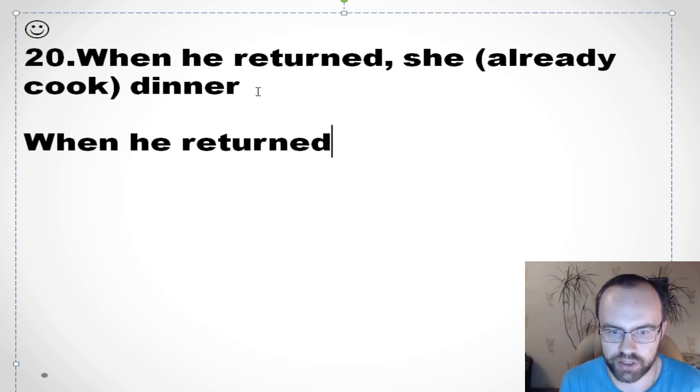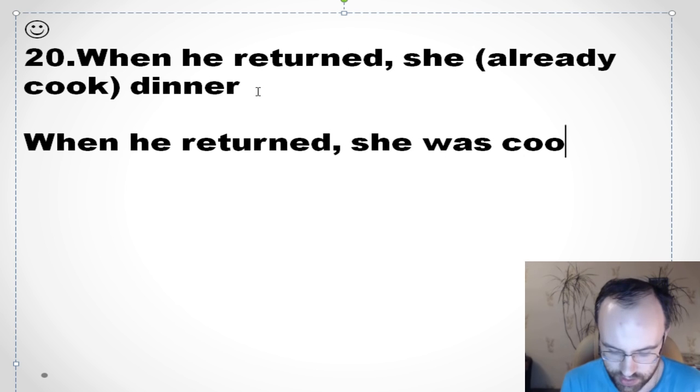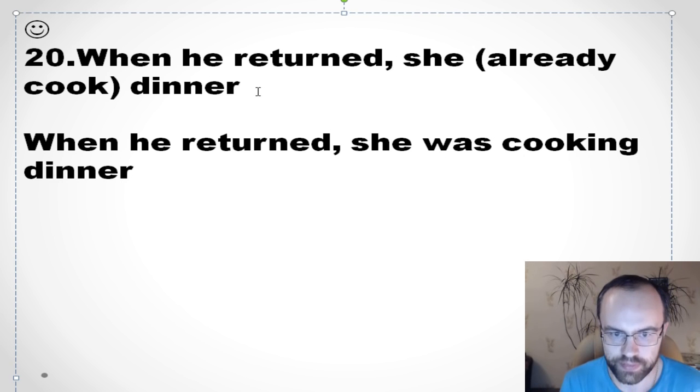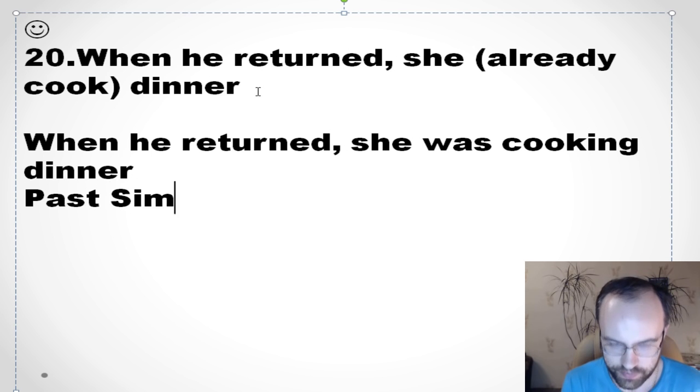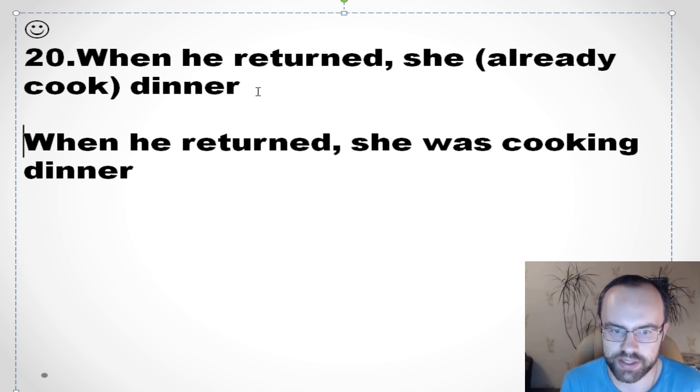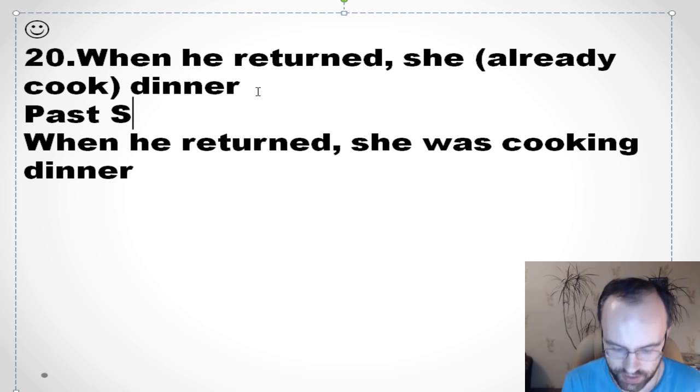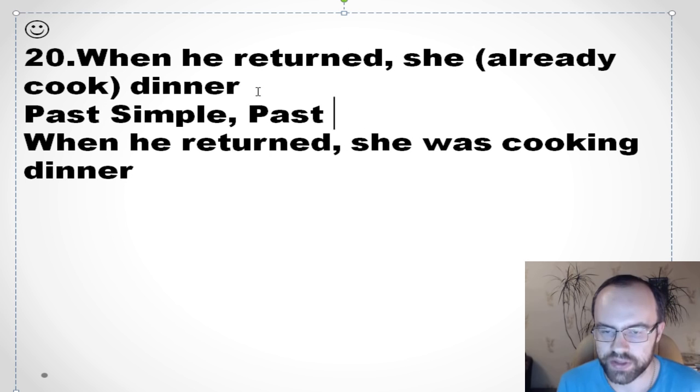You can say it differently. Look, when he returned, she was cooking dinner. So what is it? It's past simple. Yes? It's past simple, and how do we call the next tense?